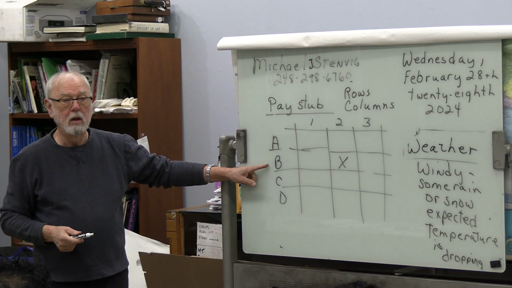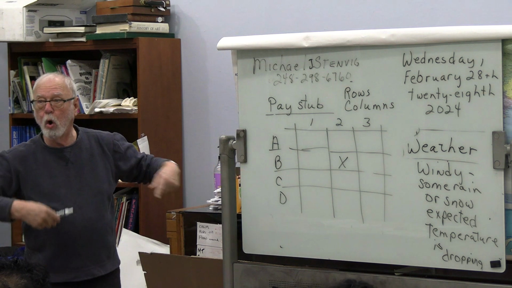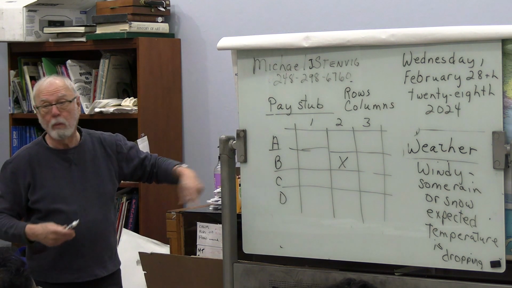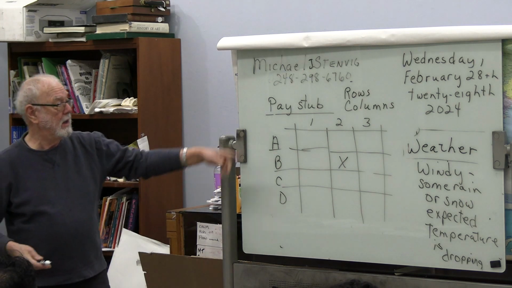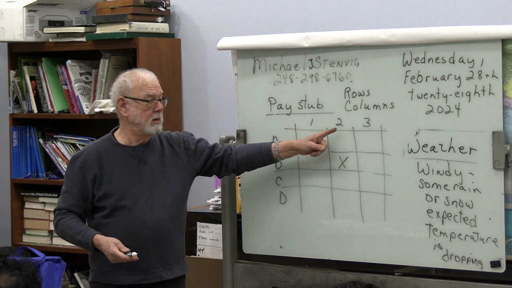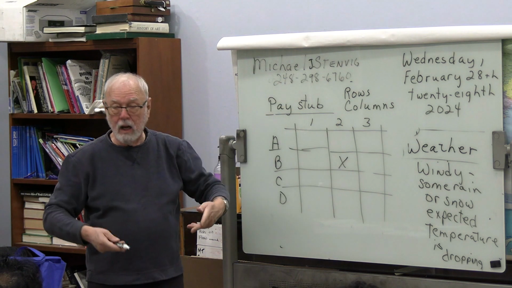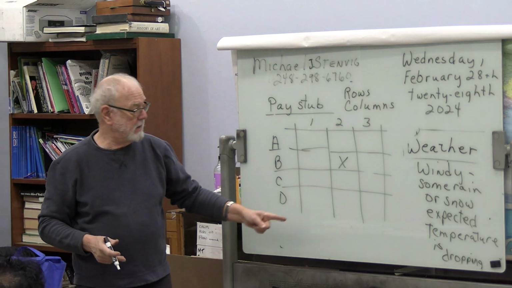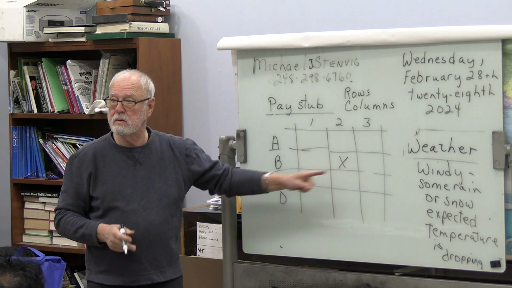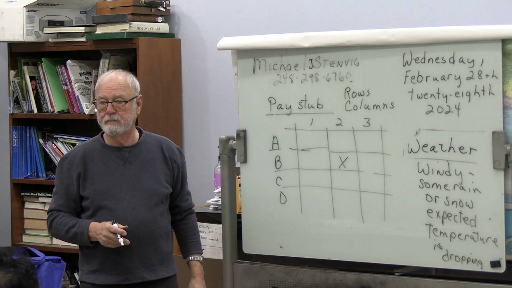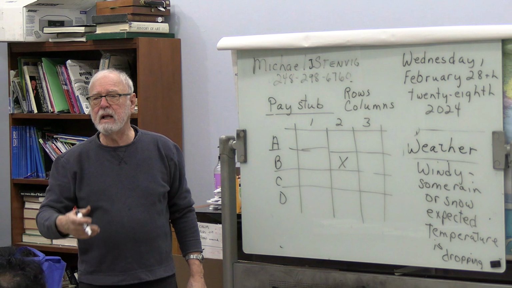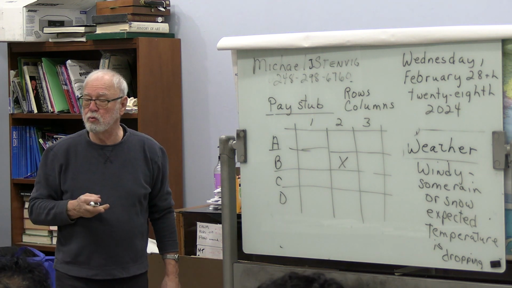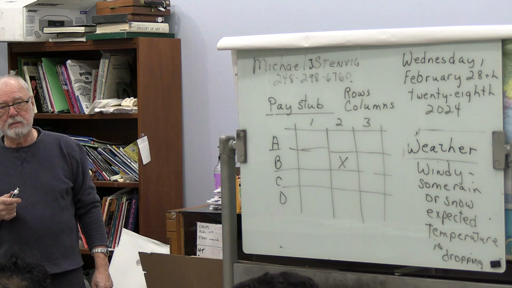Second row, row B, and second column, or column two, to find the information from this one.